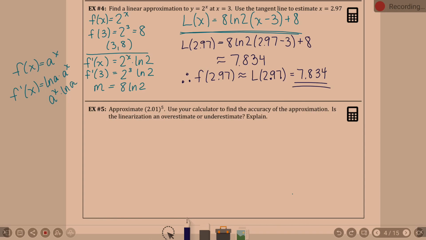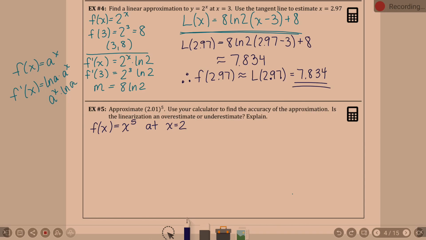So we're going to write this with the idea of our function being x to the 5th. Okay? Is that 2.01? That's your decimal. That's your clue that that's the variable that we need. Okay? So we're going to write the linearization of f of x equals x to the 5th at x equals 2. And then we'll find the linearization there.